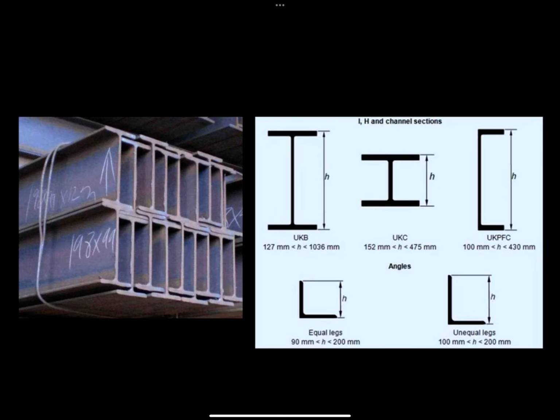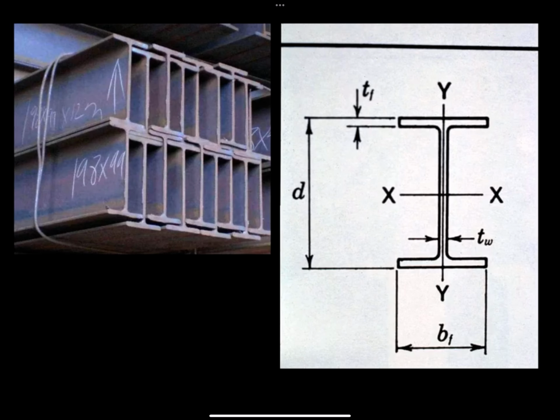So the tall, narrow W section is for beams, and the H section is for columns. So this would be a beam section.